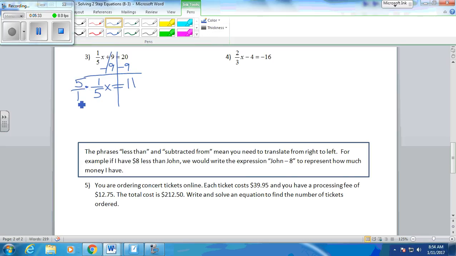So if I multiply by 5 first, or just 5, that cancels out over here. So you're multiplying by the reciprocal. Leaves me with 55. All right. Go on and do number 4.